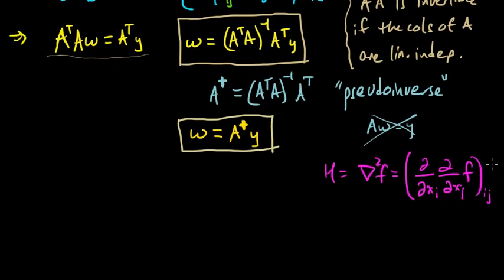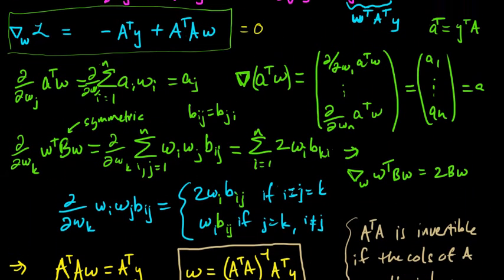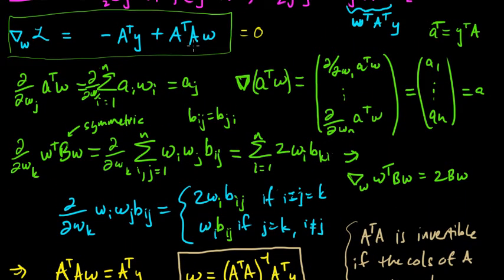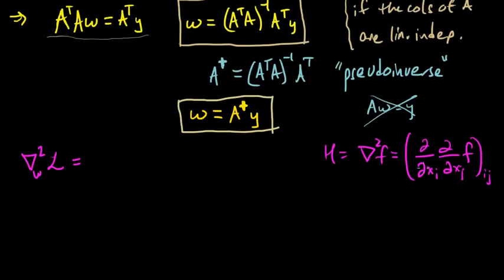So the Hessian now of this L with respect to W is A transpose A. I claim this is true.